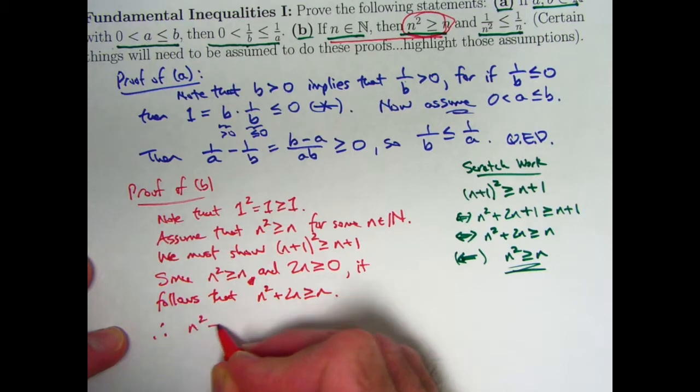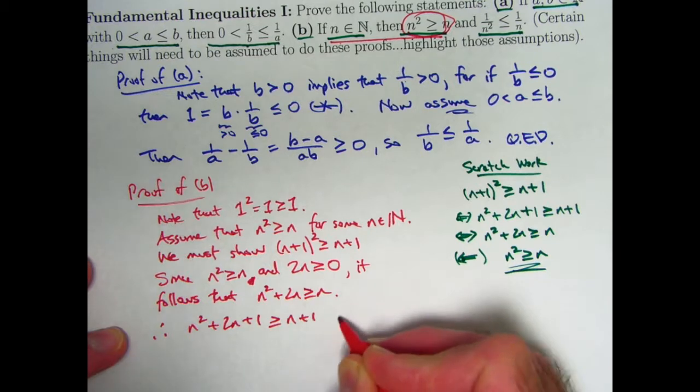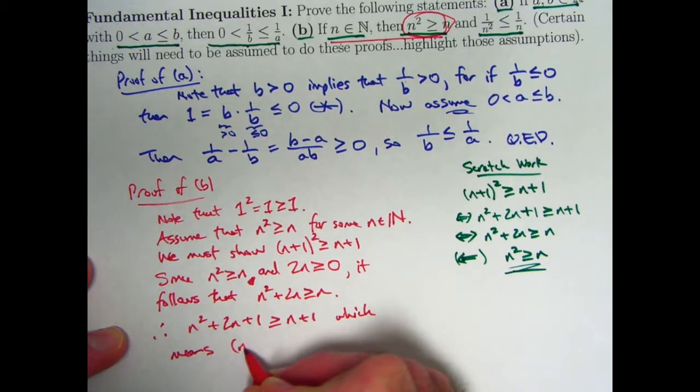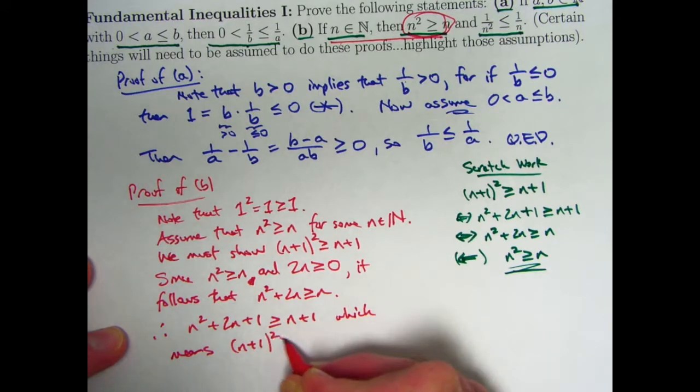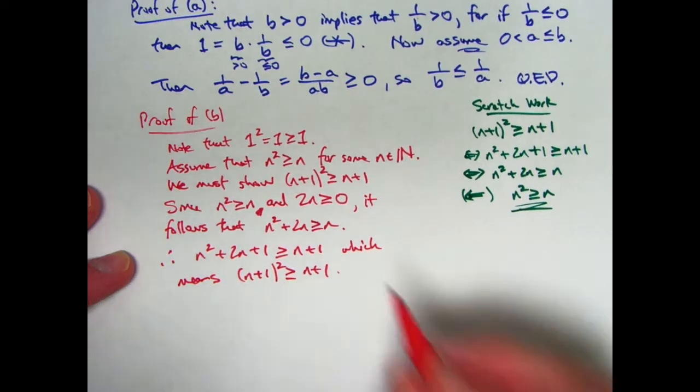Therefore, n squared plus 2n plus 1 is greater than or equal to n plus 1, which means n plus 1 quantity squared is greater than or equal to n plus 1. And we are basically done.